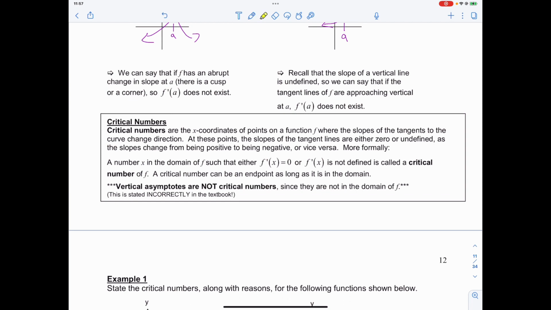Critical numbers are the x-coordinates of points on a function where the slopes of the tangents to the curve change direction. At these points, the slopes of the tangent line are either 0 or undefined, as the slopes change from being positive to negative or negative to positive. And when we think of it that way, that happens when f prime of x is equal to 0 or f prime of x is not defined.